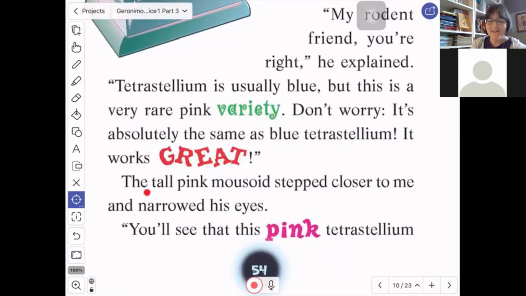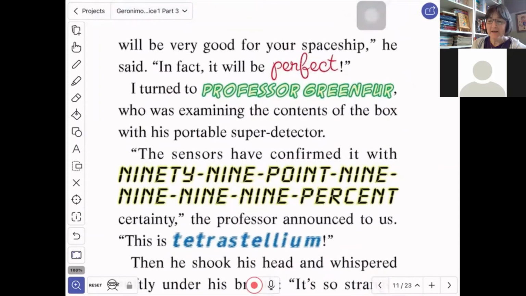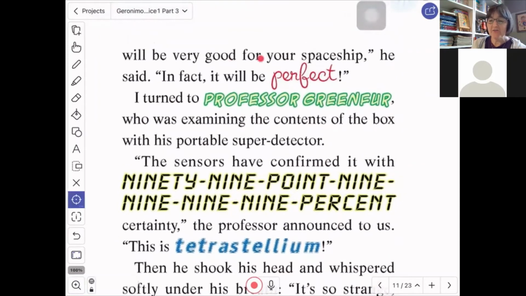No. The tall pink mousoid stepped closer to me and narrowed his eyes. You'll see that this pink tetrastellium will be very good for your spaceship, he said. In fact, it will be perfect.